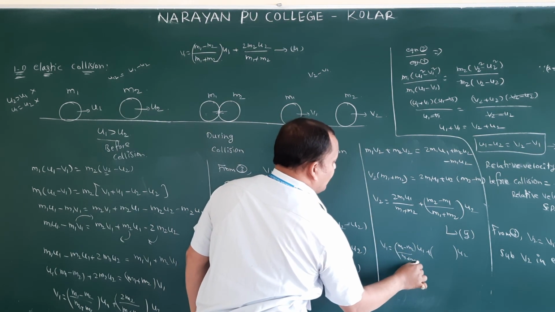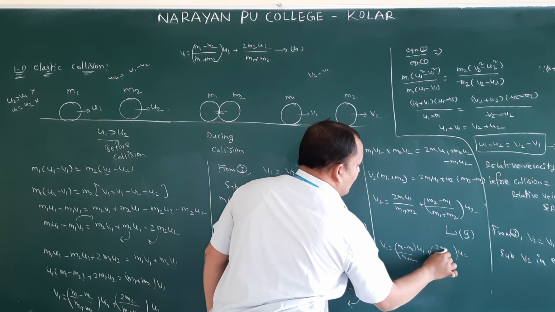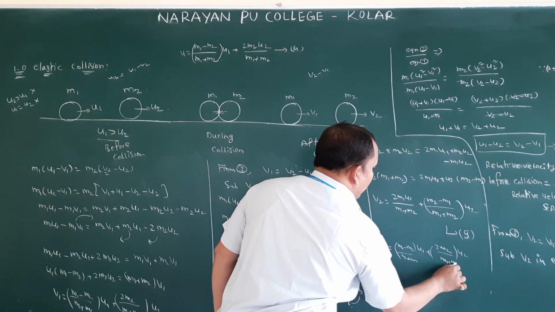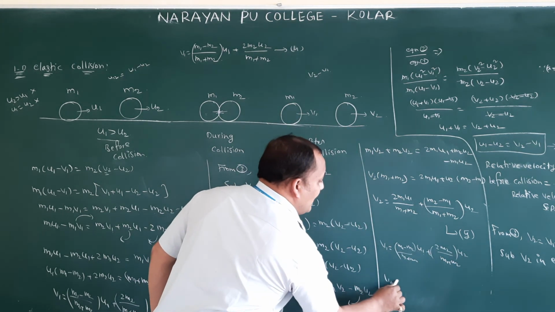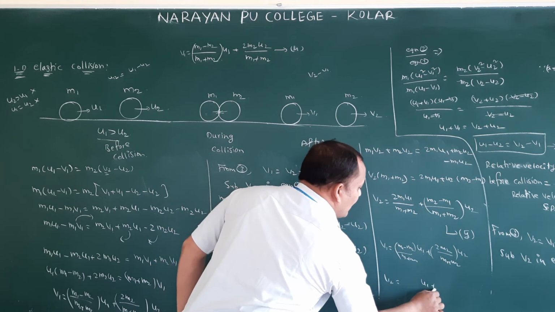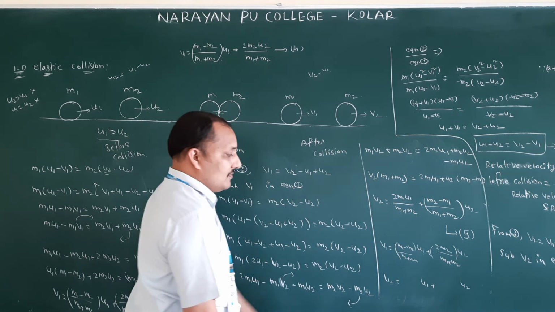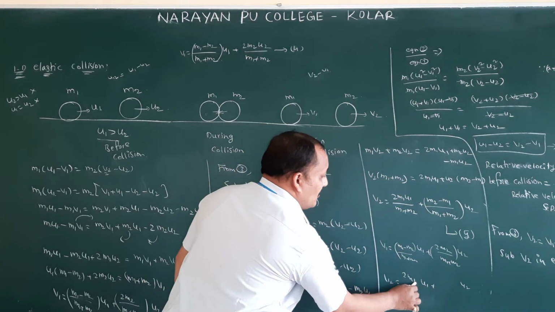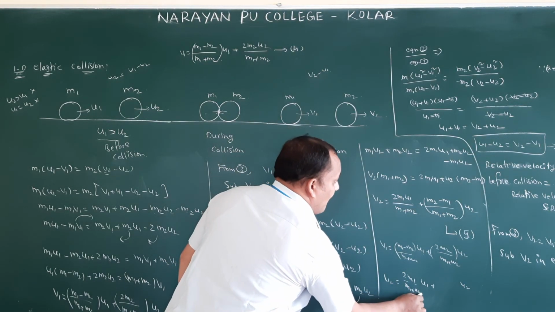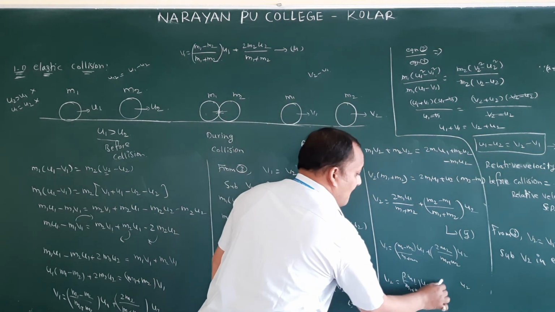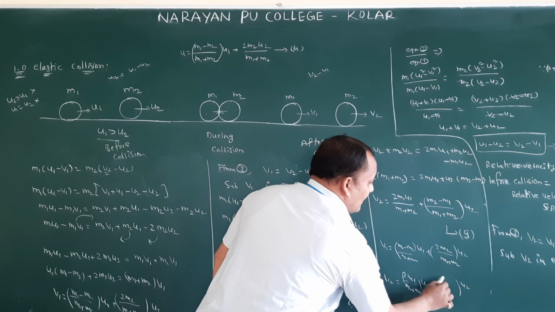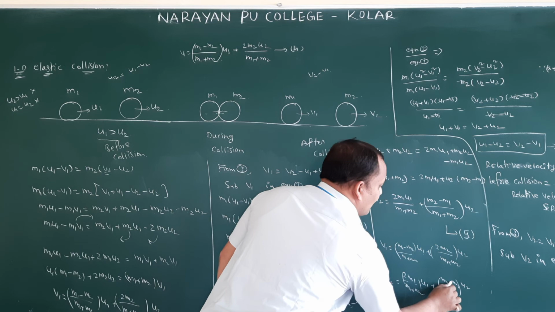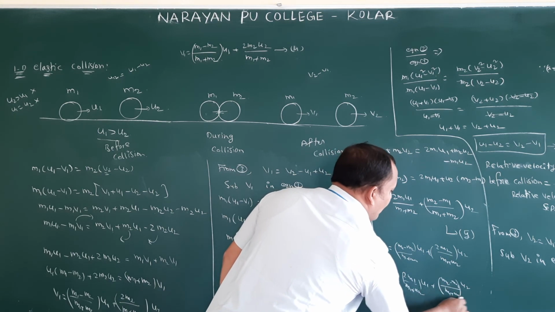For v2, you can take here u1, here u2. So u1 means what you got here? It is starting with 2, therefore 2m1 by m1 plus m2. Here it is u2, therefore m2 minus m1 by m1 plus m2.